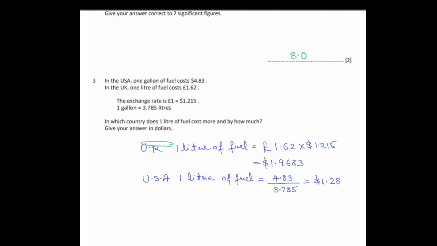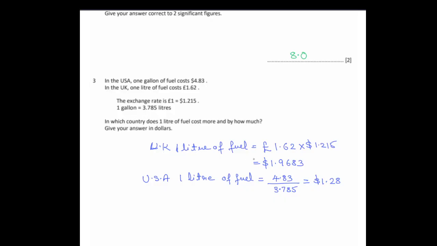Now let us compare in which country it is more.